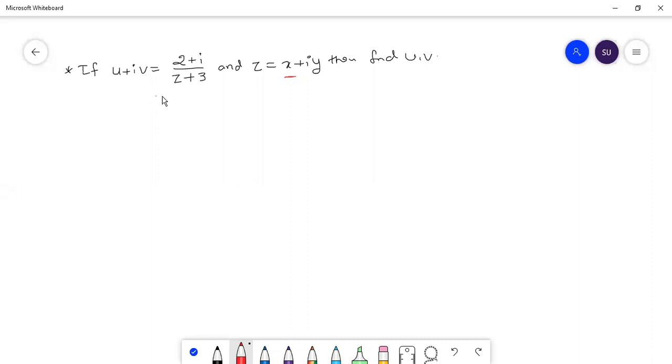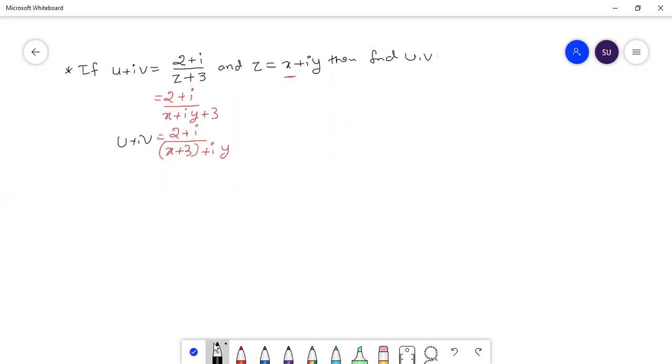That is u plus iv is equal to (2 plus i) by (x plus iy plus 3). Now separate the real and imaginary parts. I mean to say, in the denominator, x plus 3 is the real part and iy is the imaginary part. Now again this whole thing is equal to u plus iv.